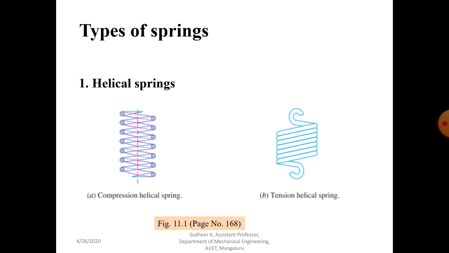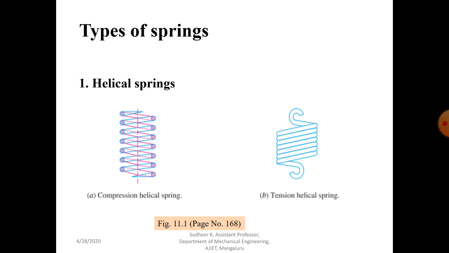The helical spring has certain advantages. It is easy to manufacture, and the manufacturing process and cost are also very low. That's why these are cheaper compared with other types of spring.